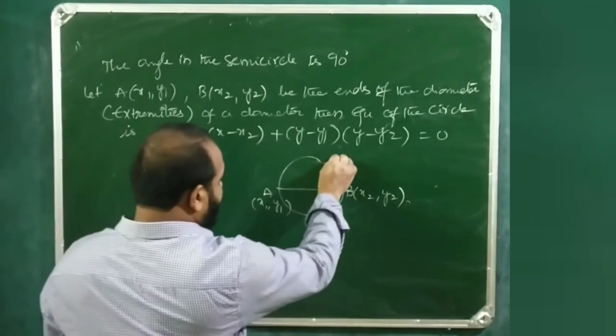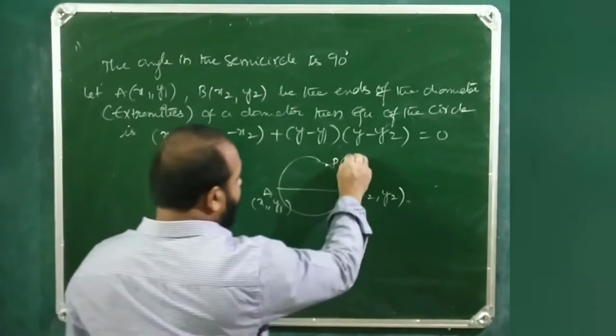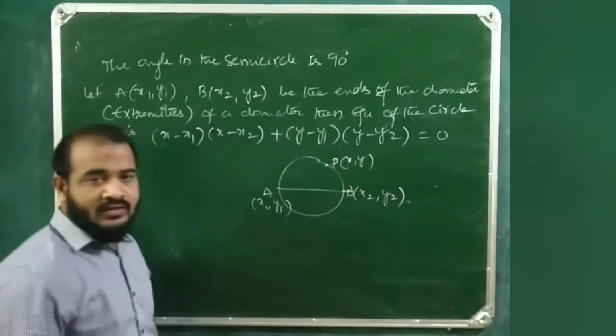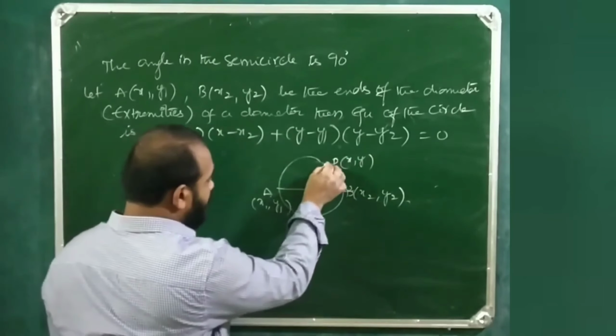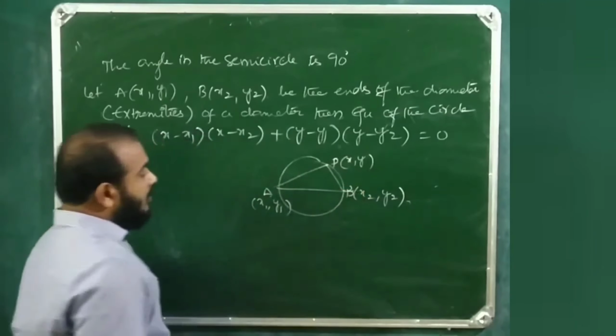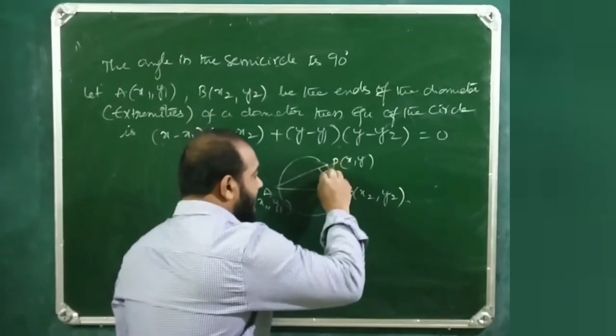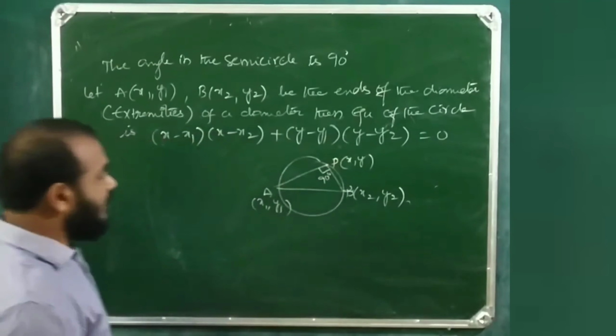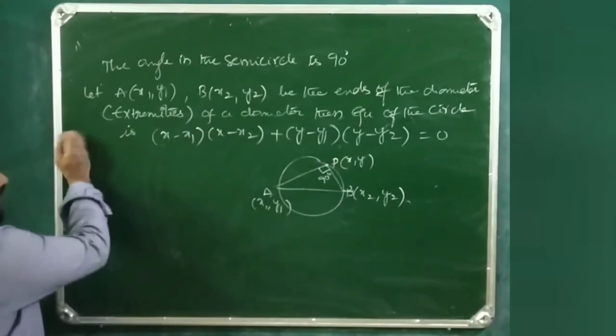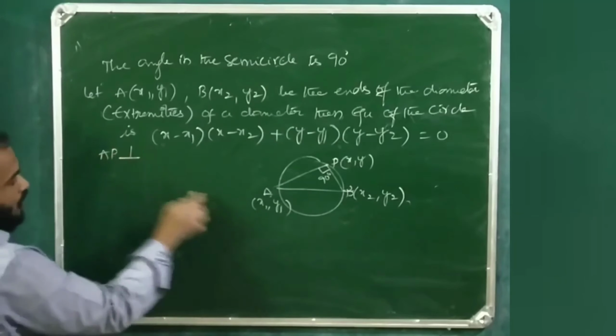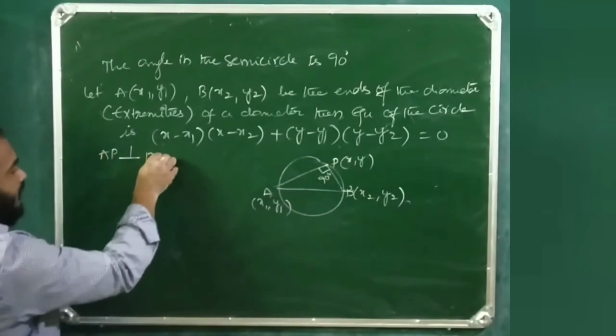So let us suppose that P(x, y) be any point on the circle. So we have discussed that angle in the semicircle is 90 degrees. That means this is 90 degrees. Then AP is perpendicular to PB.